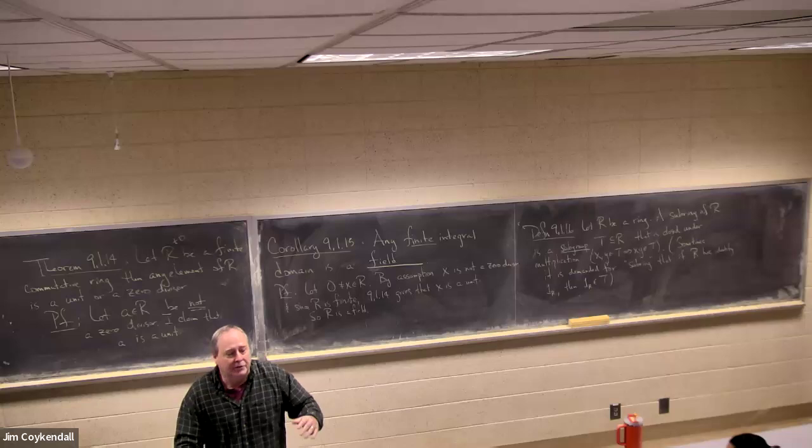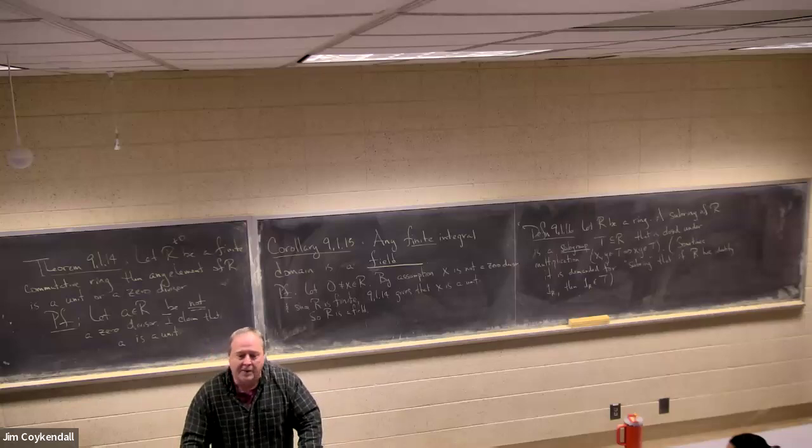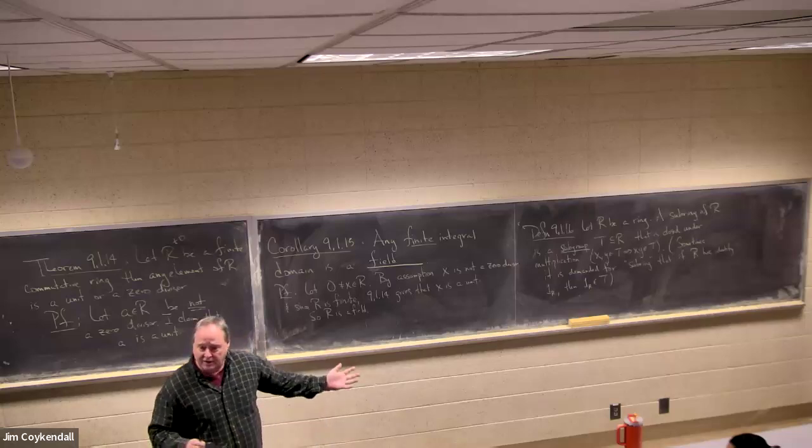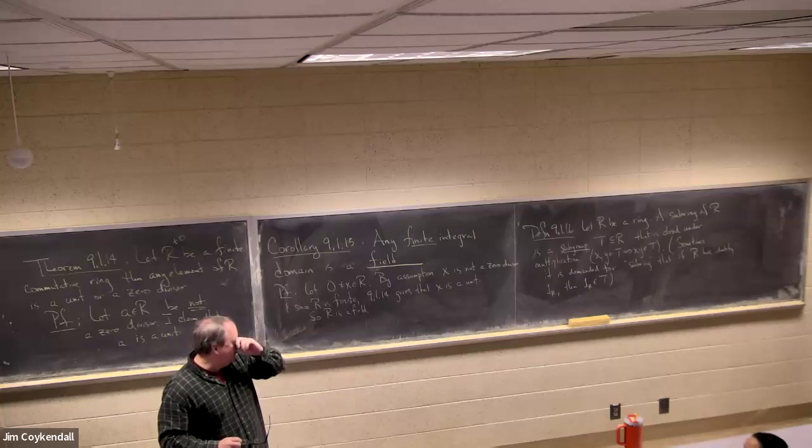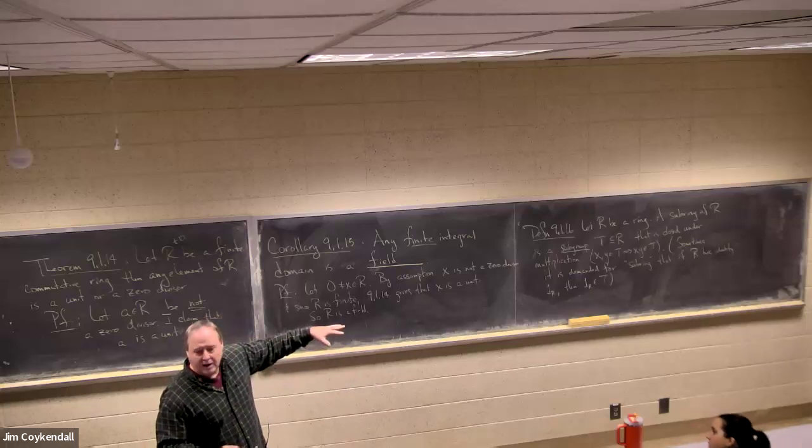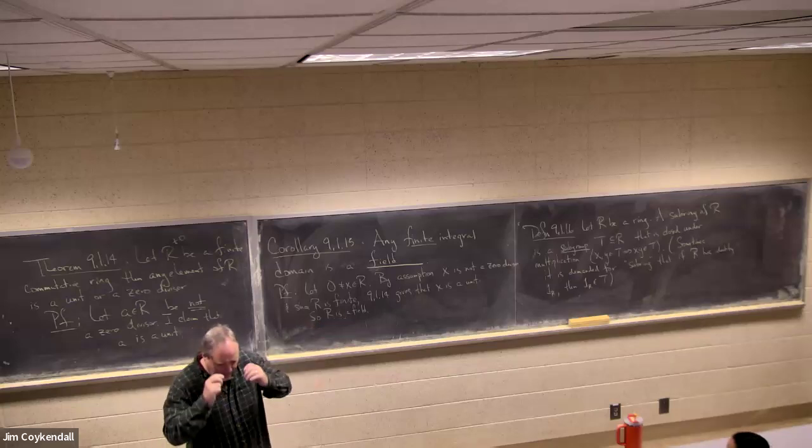So it depends on what you're interested in. There are some situations where it's convenient to do that, and people interested in these algebraic objects categorically sometimes demand that as well.